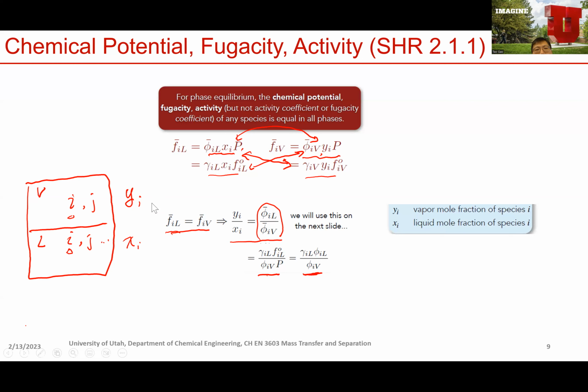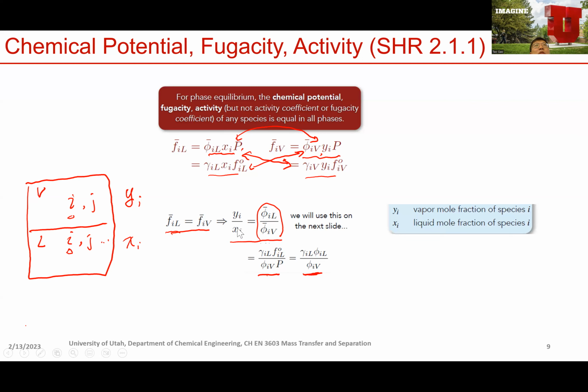So based on that, we apply that condition to a simple liquid vapor two-phase system, and if we set the fugacity of a species i in both liquid and vapor phase to be the same, then we can derive an equation that relates the ratio of the mole fraction of species i in the vapor phase to the mole fraction of the same species in the liquid phase.